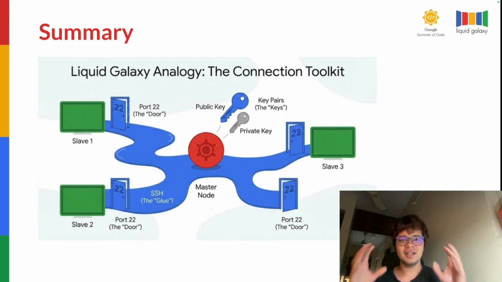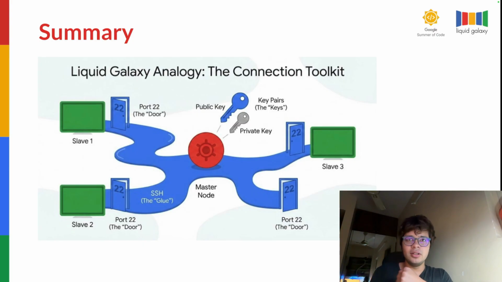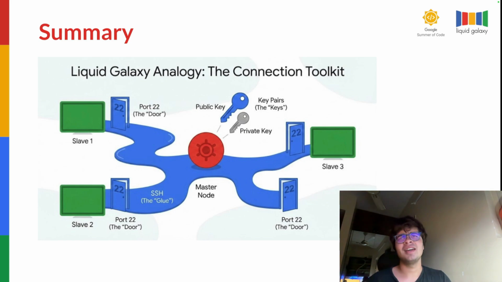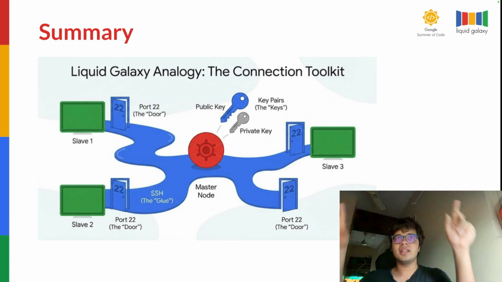Those all form a cluster. So they are tightly glued using something called SSH that we discussed, right? And this whole setup is leveraged using the master-slave hierarchy, which allows a single master node to act as a central proxy that relays commands from a controller to all the slaves that would then display everything simultaneously.